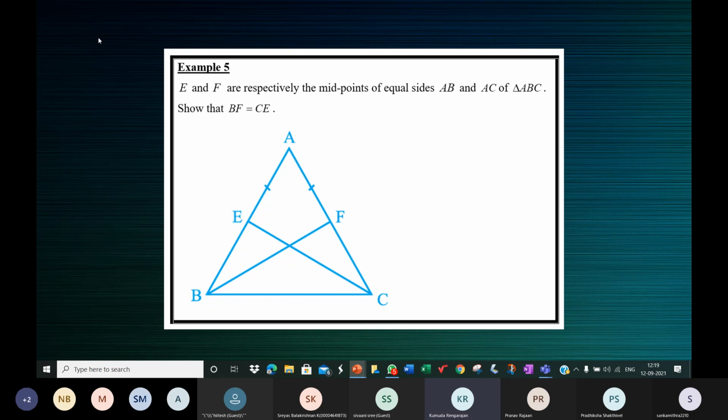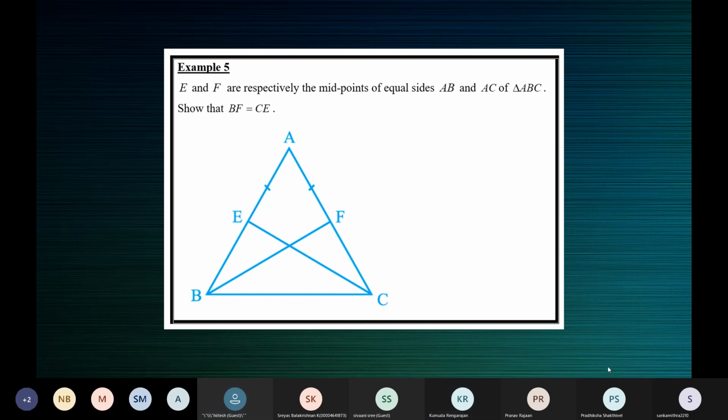So now one pair can be BF in triangle ABF. If you take this triangle ABF, then CE must be taken in triangle ACE.